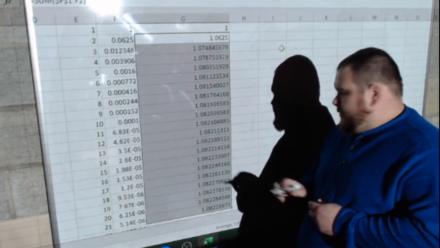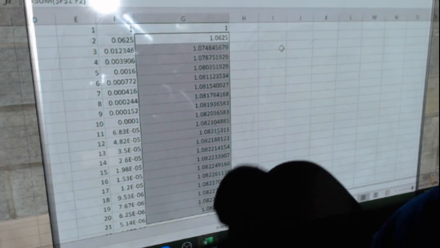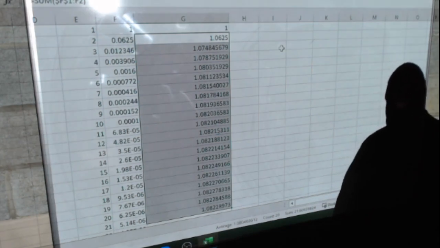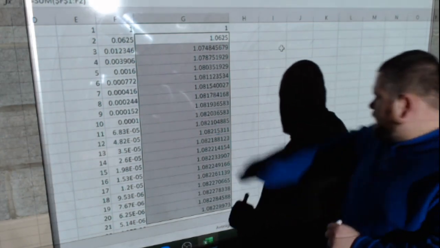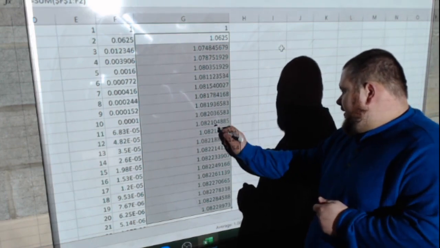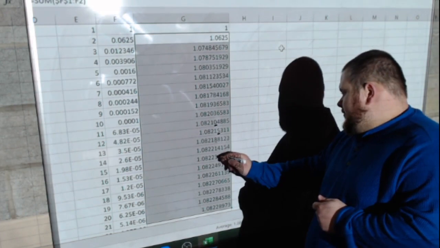Is that mark showing up on there? Not really, right? Darn green marker. So 5th decimal place. All right, so they're still changing.